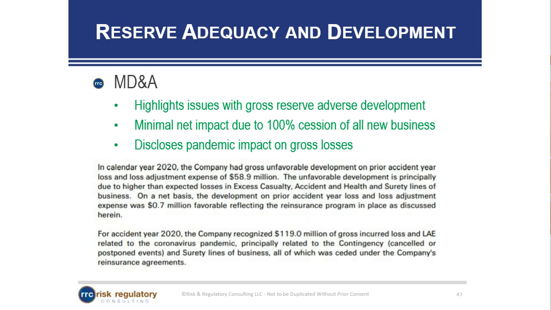And another nice thing is they disclosed a current assessment, that there were some pandemic losses on the gross losses. This particular company had $119 million of incurred losses, principally from event postponement or cancellation policies they wrote.